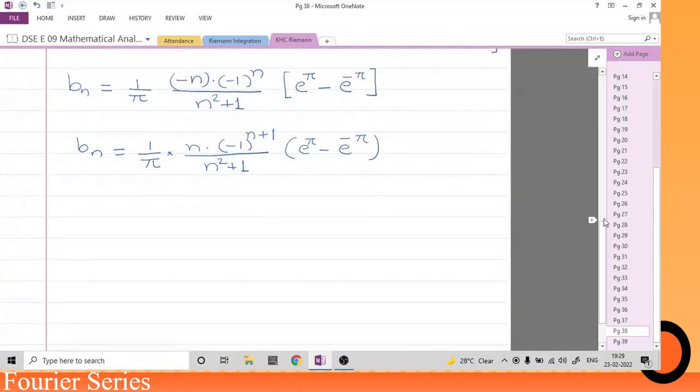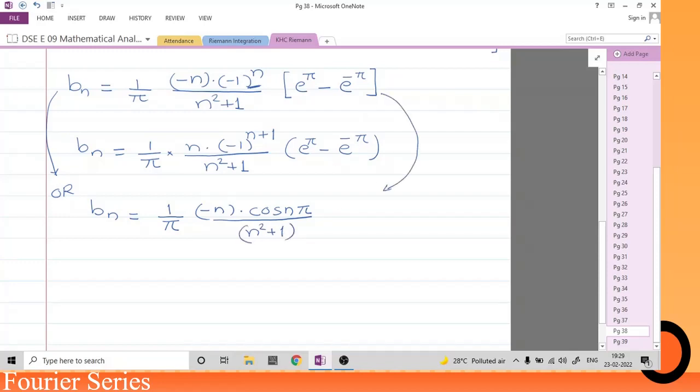Or from the same Bn, you can again simplify Bn like this, 1 over pi. Now this minus sign as it is, minus n, and we replace minus 1 raised to n by its original value cos n pi as it is, upon n square plus 1, and as you know, this bracket e raised to pi minus e raised to minus pi is 2 times sine hyperbolic pi.